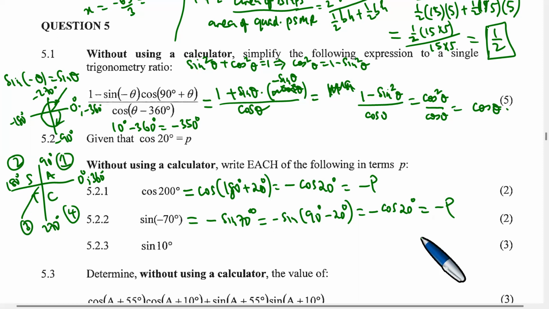Anyone who is done with sine 10, 3 marks.